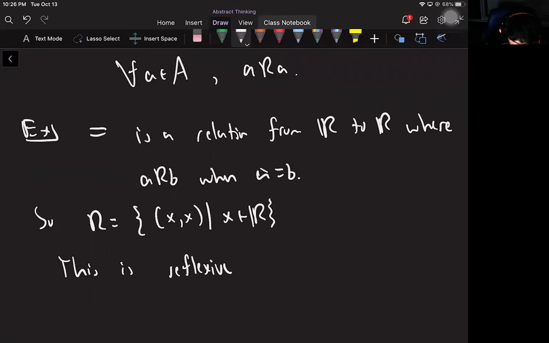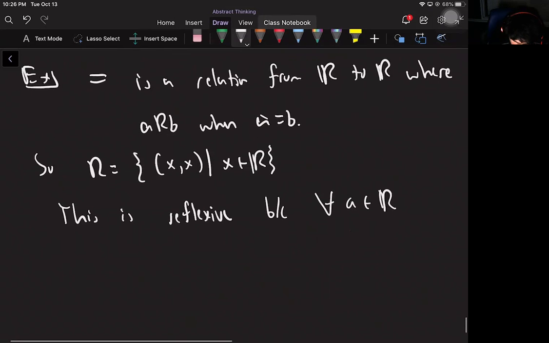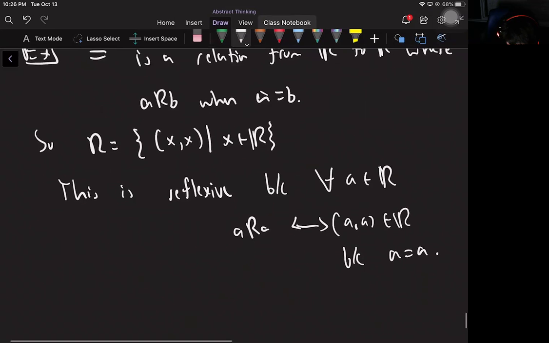So this is a reflexive relation because no matter what number you pick in the real numbers, A comma A is definitely in R, because yes, A does equal A. And you could write that, or you could say A is related to A. Either thing is fine, it's the same.